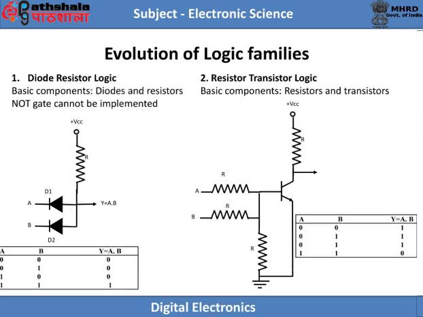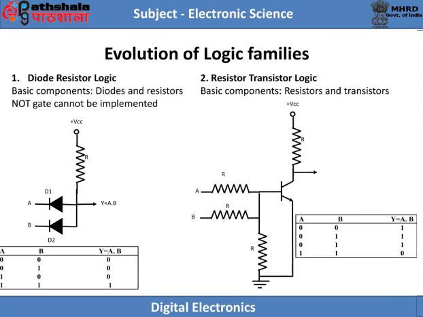Resistor transistor logic. In this circuit, transistor is off if any one of the inputs A or B is at logic 0, that is, A is equal to 0 and B is equal to 0. This is because base emitter junction would be reverse biased. Hence, output Y is equal to logic 1.